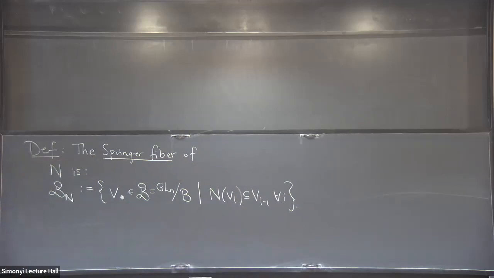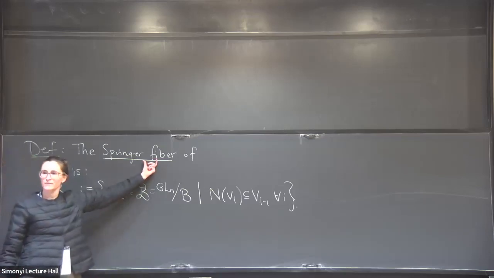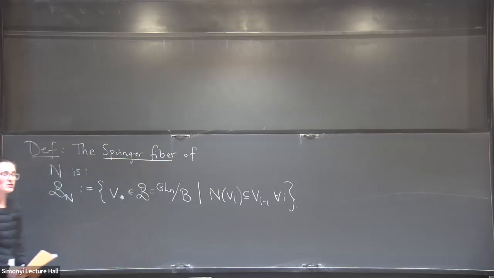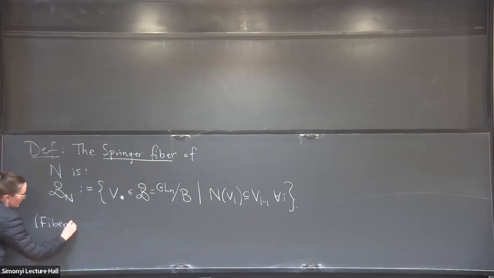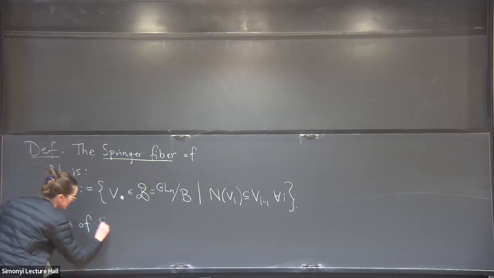Right. And there's a lot of different ways of thinking about the Springer fiber. You might be asking yourself, why is this a fiber? Another way to think about Springer fibers is as fibers of what's called the Springer resolution.